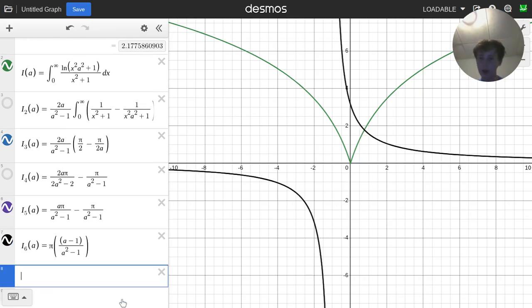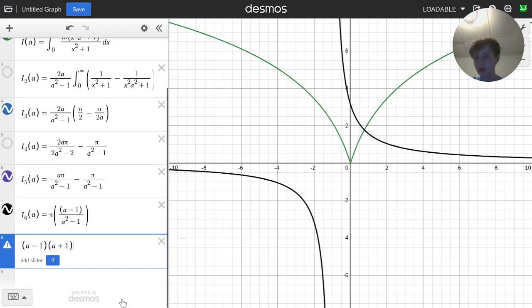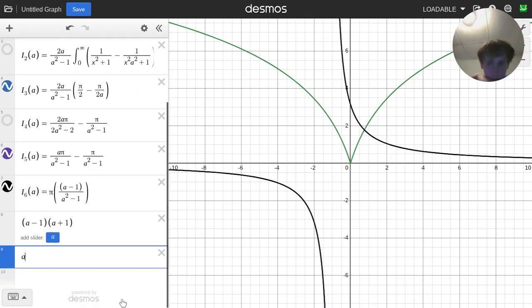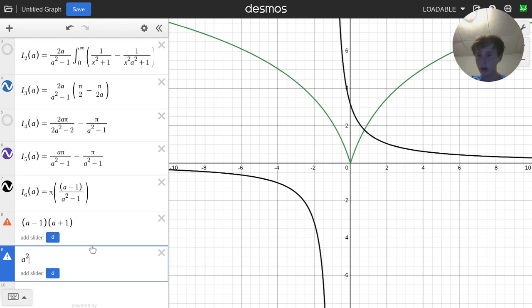Isn't it because a squared minus 1? So let's do a minus 1, a plus 1, and then we do a squared plus 1 plus a, actually, then minus a plus a squared.